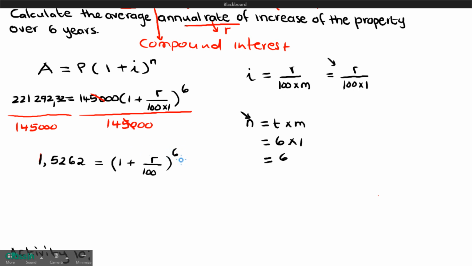But remember, what is the exponent here? The exponent is 6. Therefore, it means that we are introducing the root of 6 on both sides. The root of 6 will cancel that 6.